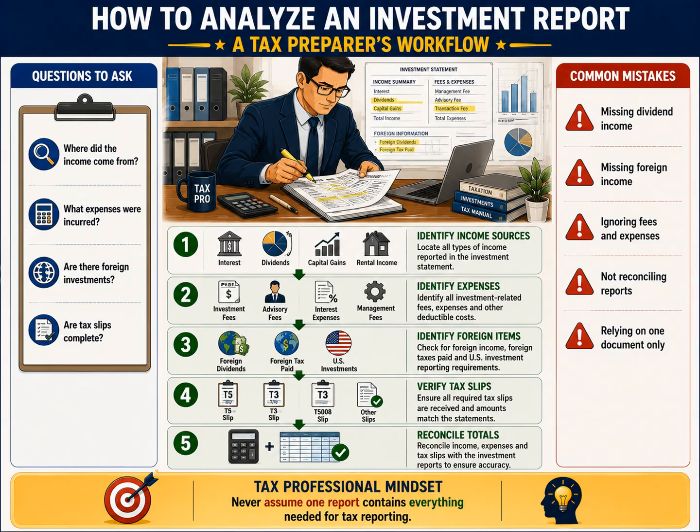The goal is not simply to read investment reports. The goal is to analyze them systematically and transform them into complete, accurate, and reliable tax information. That disciplined approach is what separates professional tax preparation from basic data entry.